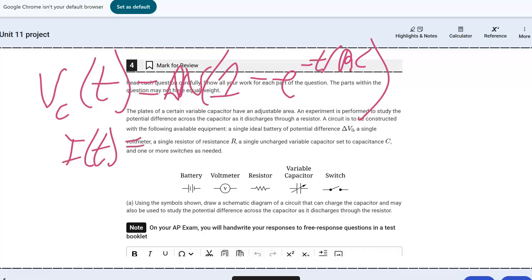Using Ohm's law, you can figure this out.